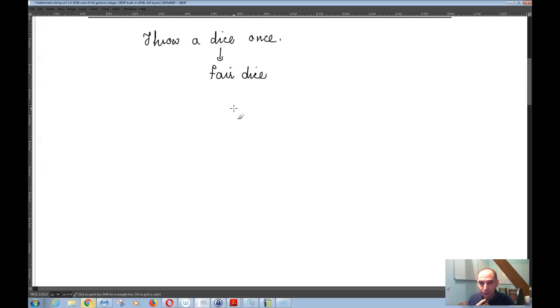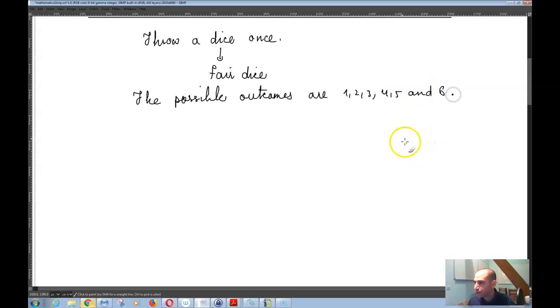The only thing that I can logically say is that the possible outcomes are 1, 2, 3, 4, 5, and 6. So each number has the same possibility of showing up.